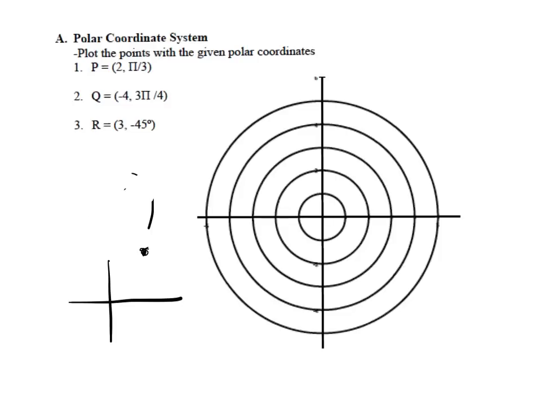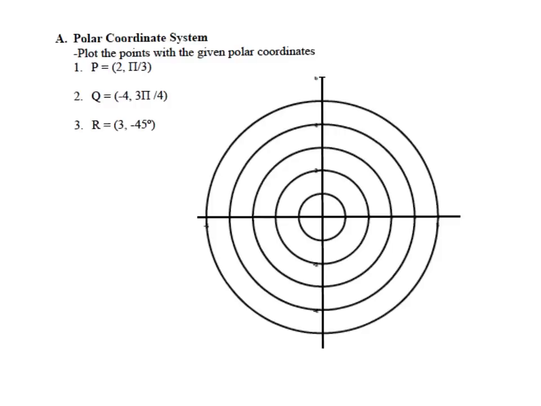So let me erase this a second. And if we look at part A, number 1, our polar coordinate is (2, pi over 3). The first number tells us how far to go. The second number tells us in what direction. And I usually start with the second number. So pi over 3 is 60 degrees.